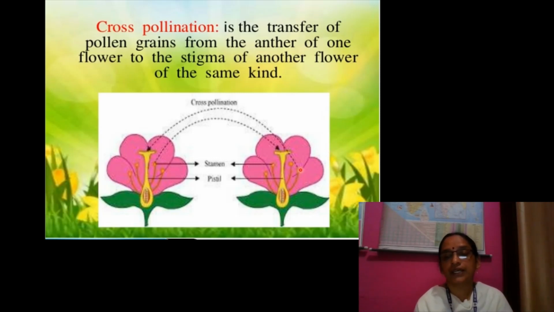And see here also, from the second flower to the first flower. That means pollen grains are transferred from the first plant to the second plant, but both are of the same species. Cross-pollination is the transfer of pollen grains from the anther of one flower to the stigma of another flower of the same kind.